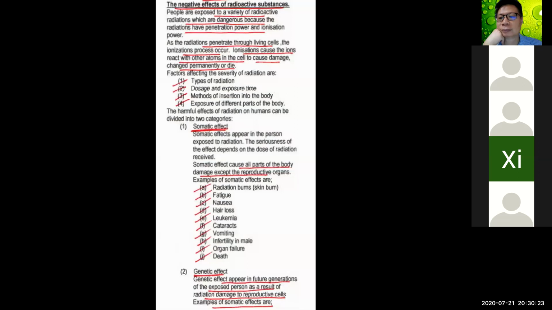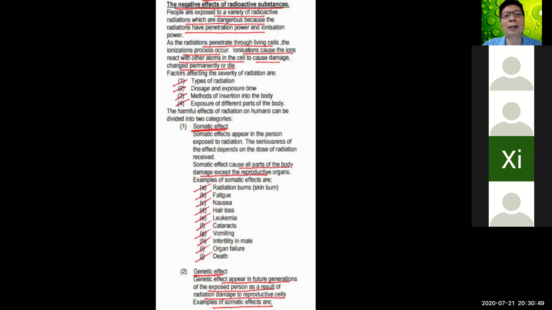Through penetration, breathing, and ionization. Actually the main two methods are penetration or ionization. These two methods will cause all the negative effects. Thank you, Apple.